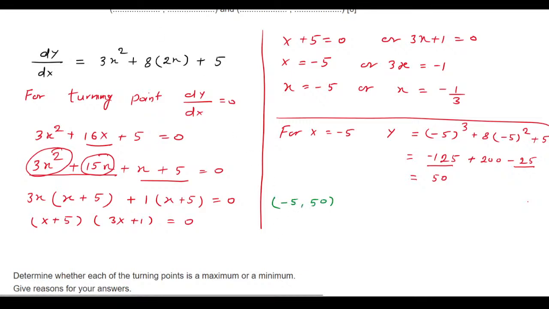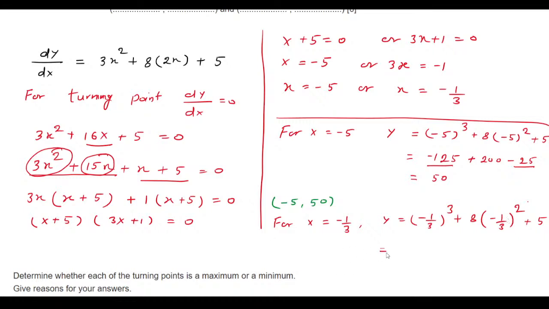Now for the other point, for x equals minus 1 by 3, my y value will be minus 1 by 3 cubed plus 8 times minus 1 by 3 squared plus 5 times minus 1 divided by 3. We will calculate this value.